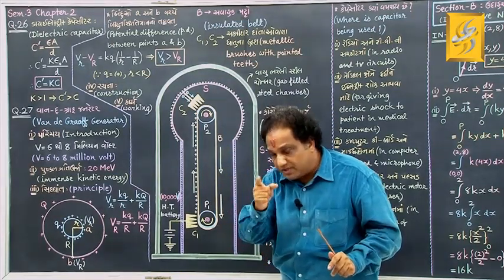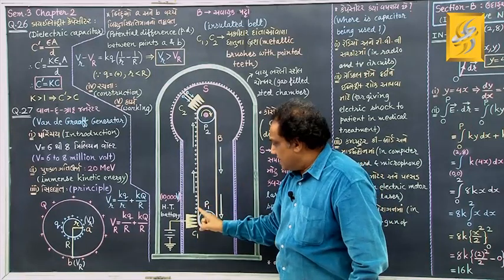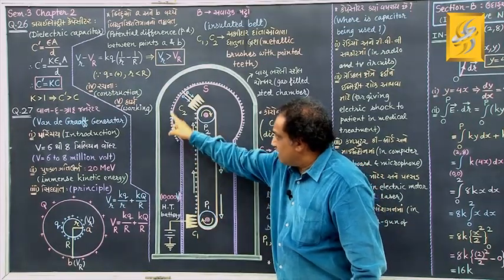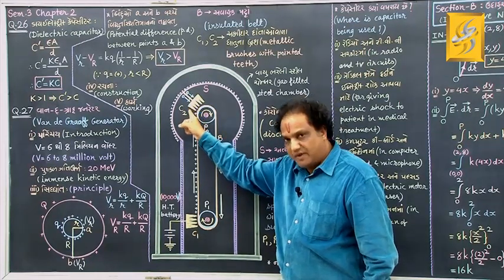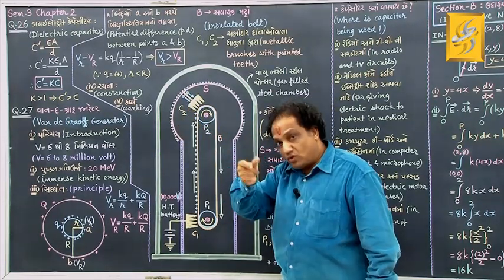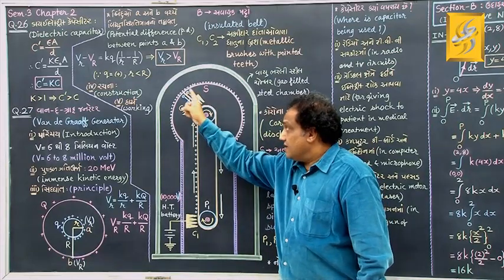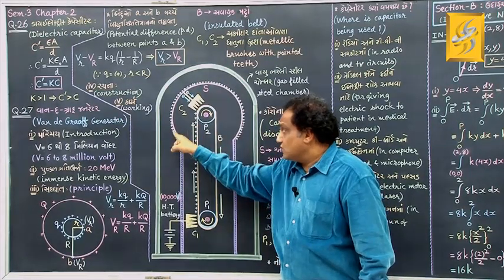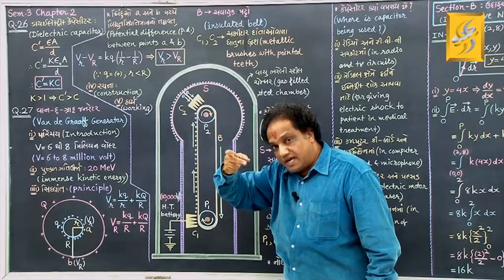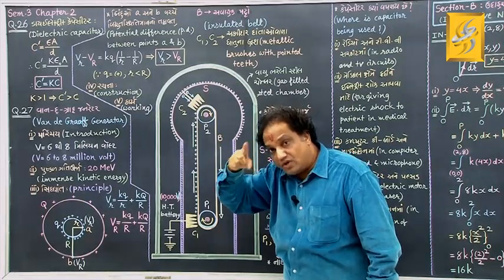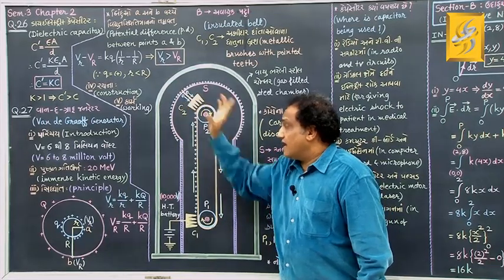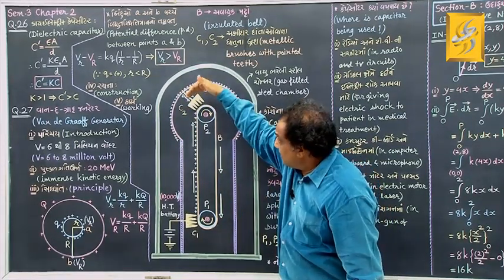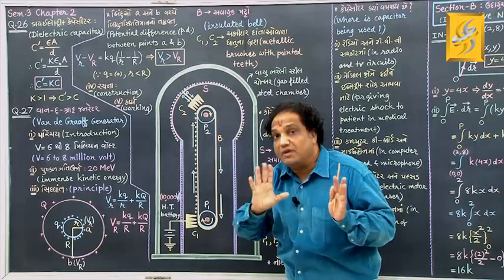Now, it so happens after some time that when you are depositing more and more charge because of this process of corona discharge and this collector comb, on one side the positive charge goes on increasing, on the other side positive charge is going on decreasing because of leakage. After some time, the rate of arrival of positive charge and the rate of departure of positive charge become equal.